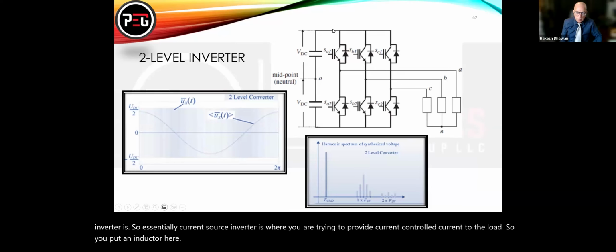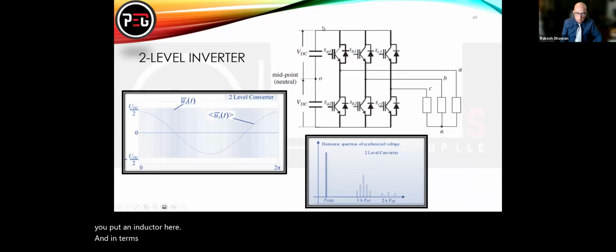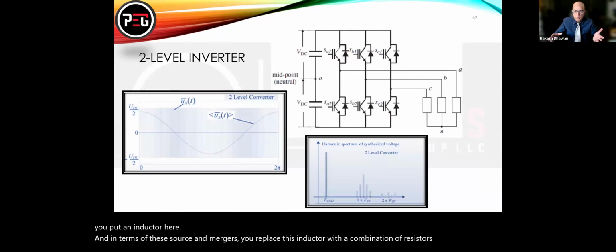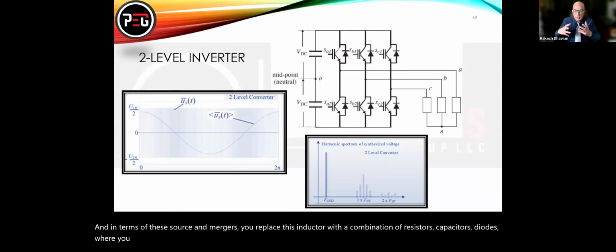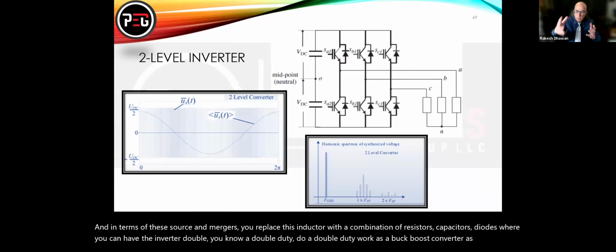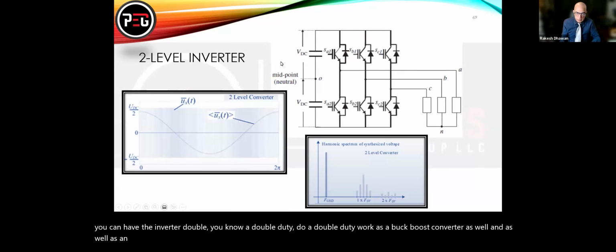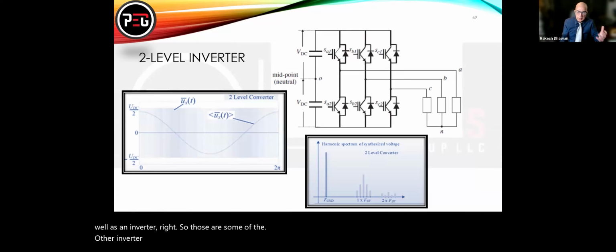And in Z-source inverters, you replace this inductor with a combination of resistors, capacitors, and diodes, where the inverter can do double duty, working as a buck-boost converter as well as an inverter, right? So those are some of the other inverter architectures which are in the market, in the industry, okay?